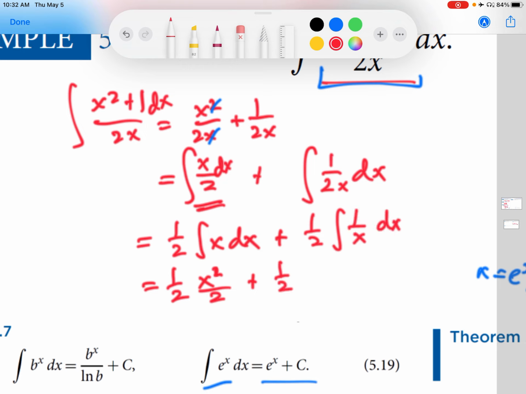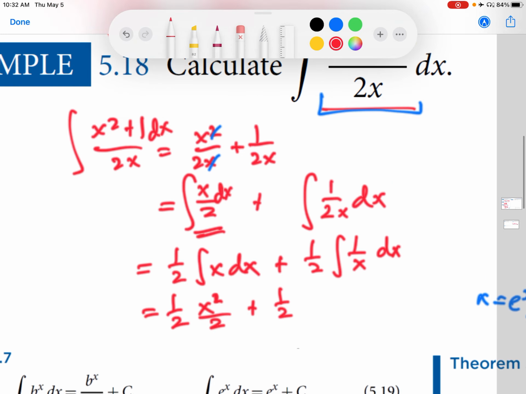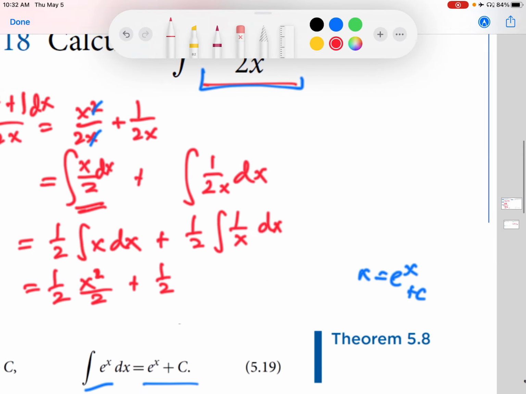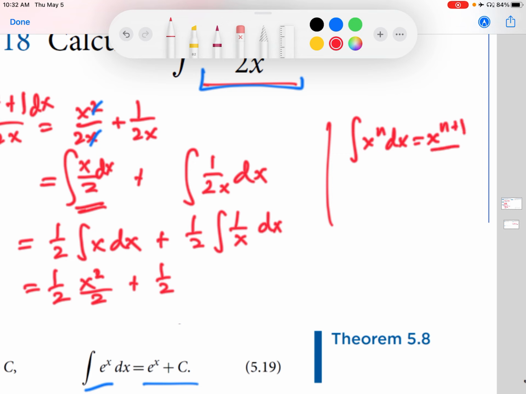And then here is where we are going to use a new rule, at least new to this video, new to us. So now I'm going to integrate 1 over x. You might remember from the integral version of the power rule, the integral of x to the n dx was x to the n plus 1 over n plus 1 plus c, so long as n was not equal to -1.